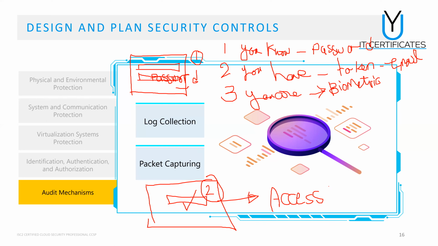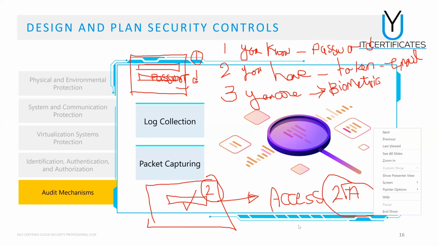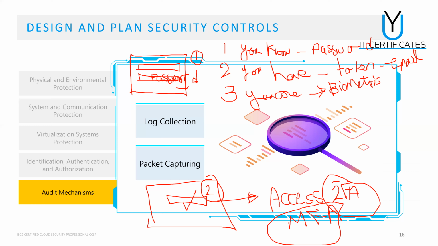Then usually we are using 2FA, two-factor authentication. But in some situations we call it MFA, multiple factor authentication. But frankly speaking, I did not see anyone use more than two-factor authentication.